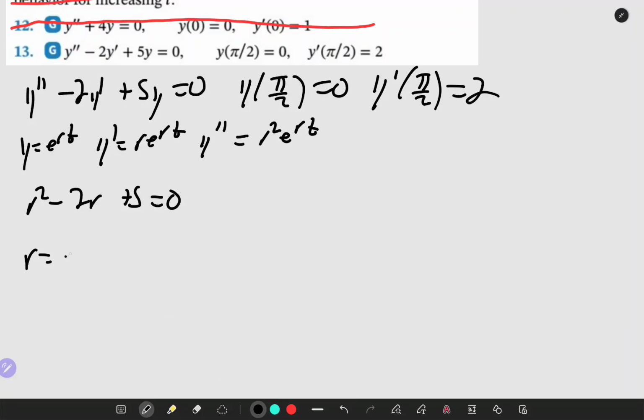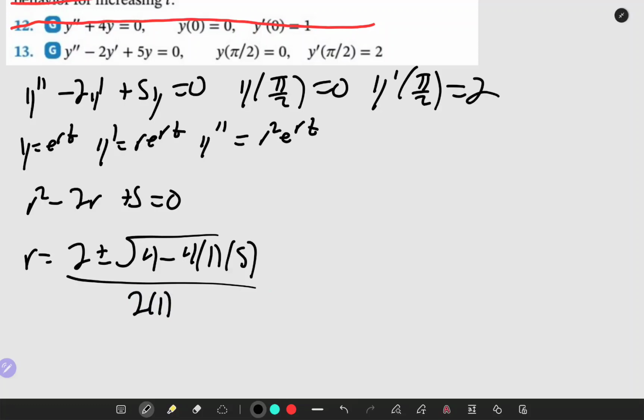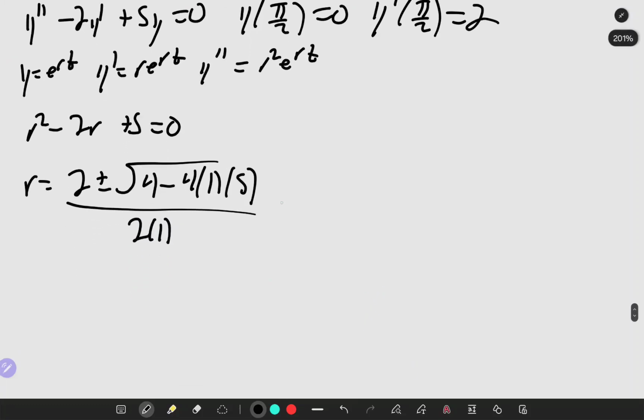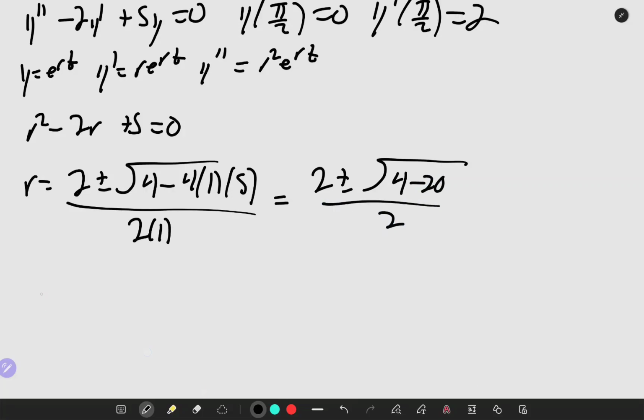This would be 2 plus or minus the square root of 4, that 4 comes from negative 2 squared, minus 4 times 1 times 5, over 2 times 1. Quadratic formula, right, is equal to 2 plus or minus the square root of 4 minus 20 over 2. So r is equal to 2 plus or minus the square root of negative 16 over 2.